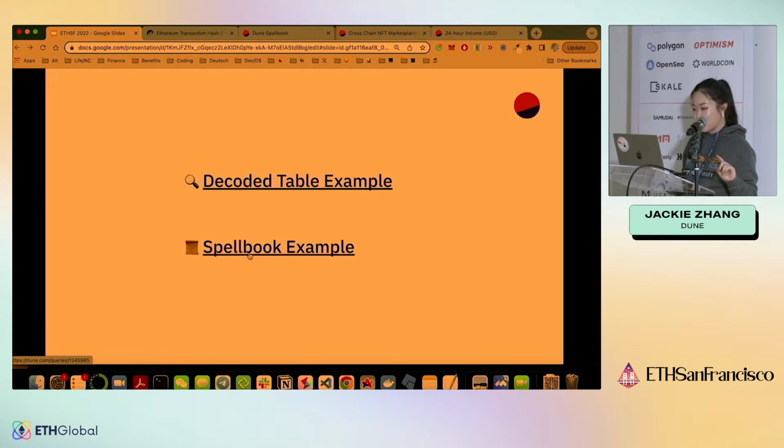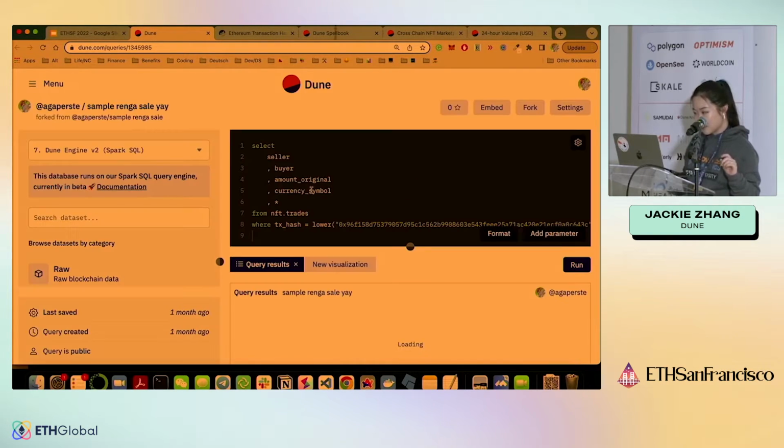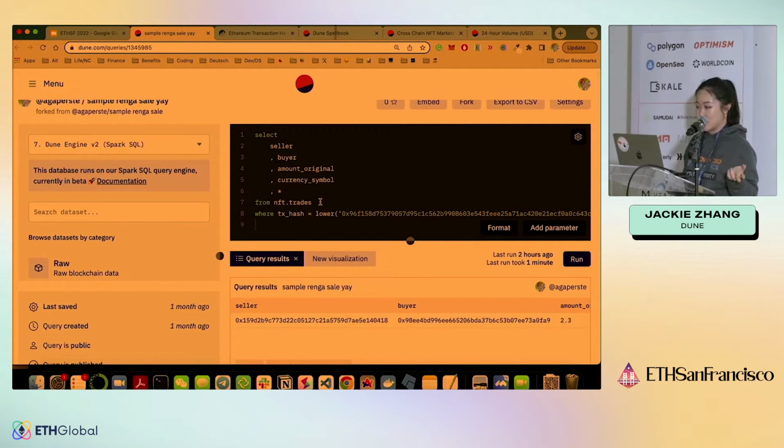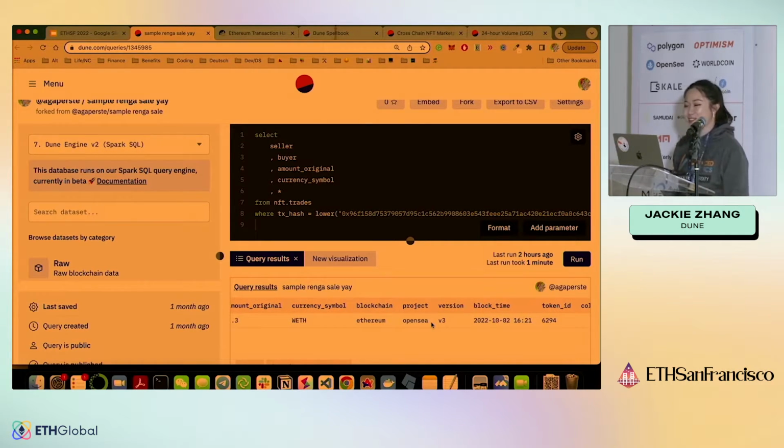However, if you just go to Spellbook, for the nft.trades table that I was just showing you, it's super clean. You can just select the seller, the buyer, amount, original currency, symbol, and you get really clean results. I used to flip NFTs, and when I was looking at the data to figure out what NFT arbitrage opportunities I should look at, it was so much just to look at the contract-level data.